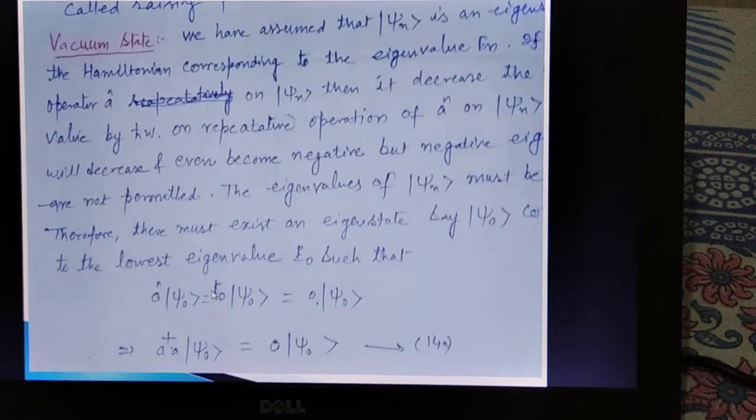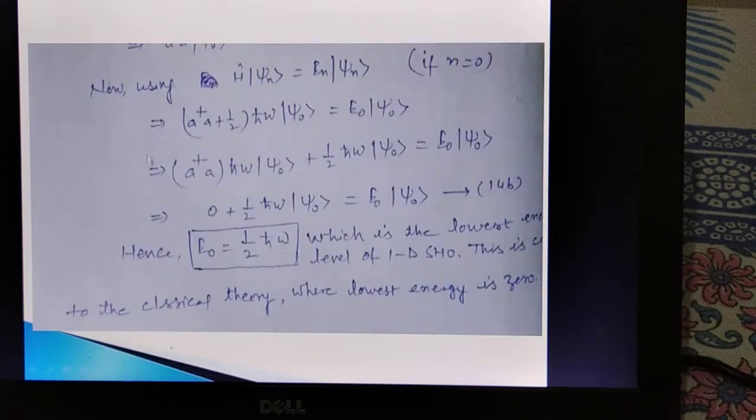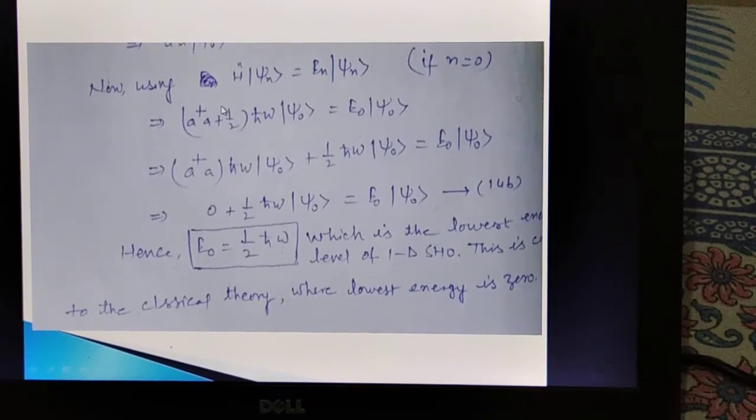And if you operate A dagger on this equation, then you have A dagger A psi 0 equal to 0 psi 0. Now use H psi n equal to En psi n. If n equal to 0, then this equation becomes H psi 0 equal to E0 psi 0.